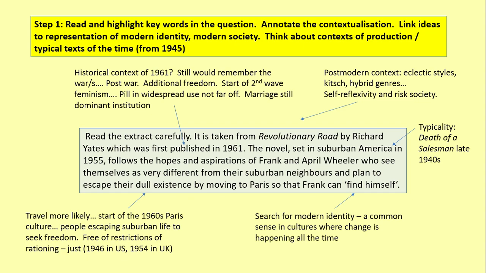And this, which I think is important for this extract, is this idea of self-reflexivity, a theory that was presented by a postmodern theorist later than this, actually, called Anthony Giddens.